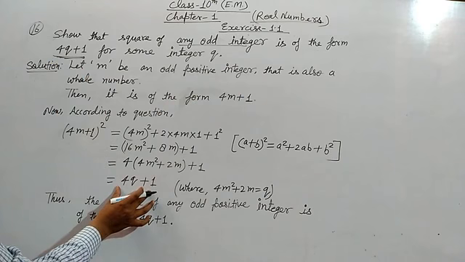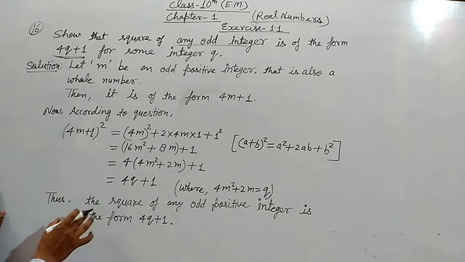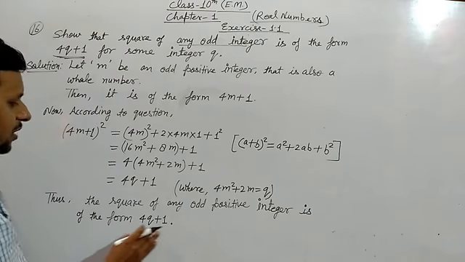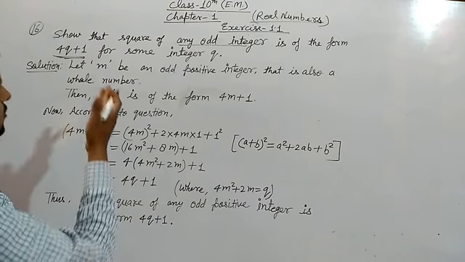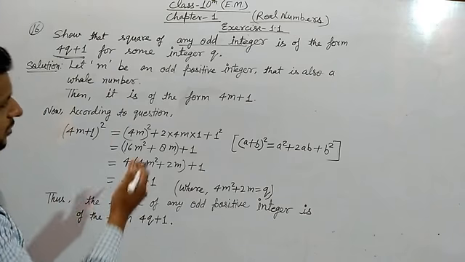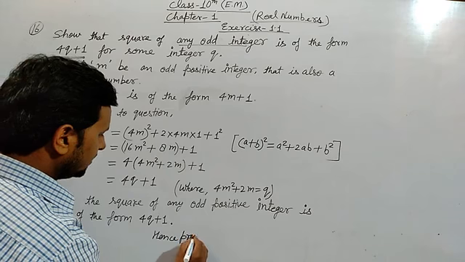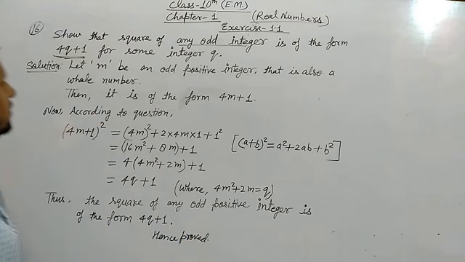Thus it is solved: the square of any odd positive integer is of this form. We had to show this, and we have solved it. Hence proved.